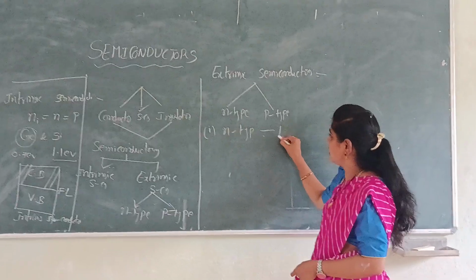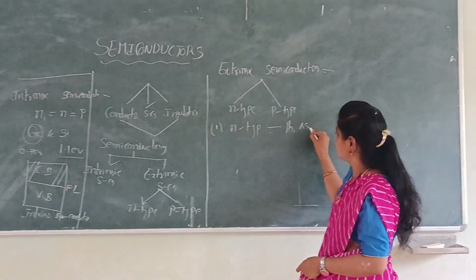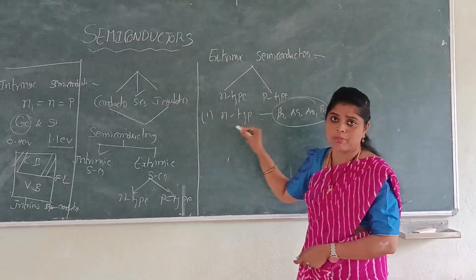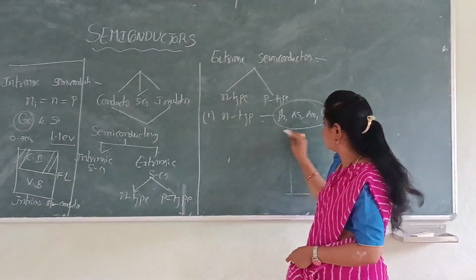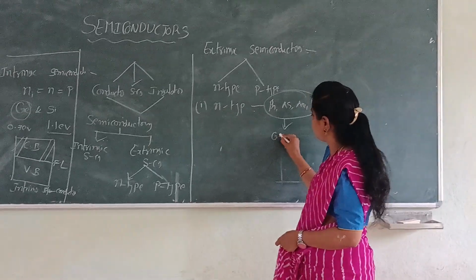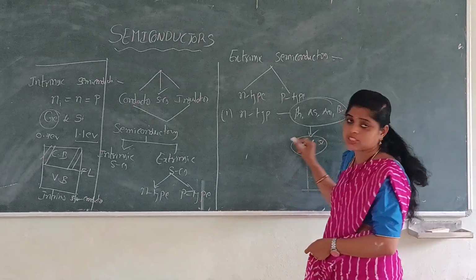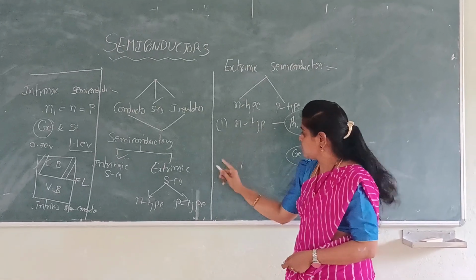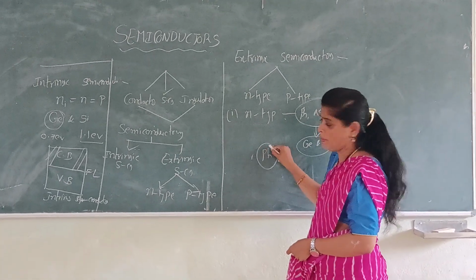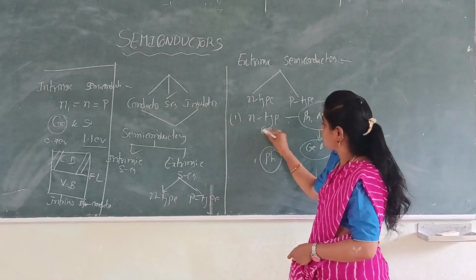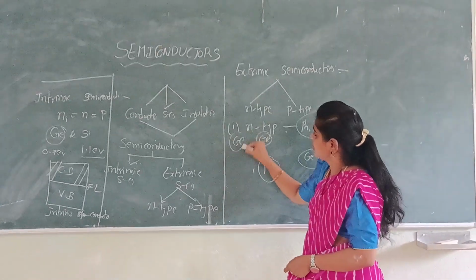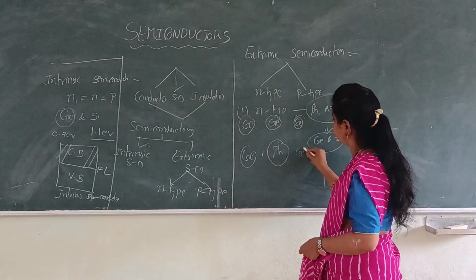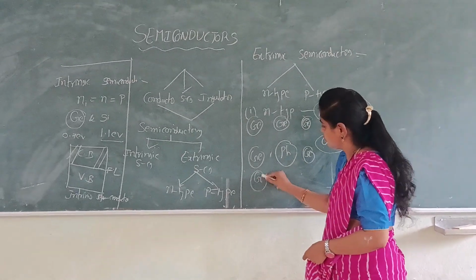What are the pentavalent elements? Phosphorus, arsenic, antimony, bismuth. These are the fifth group elements. When fifth group elements are doped with germanium or silicon, the pure semiconductors, we get N-type semiconductor. Here the fifth group element phosphorus is added to germanium, a fourth group element.